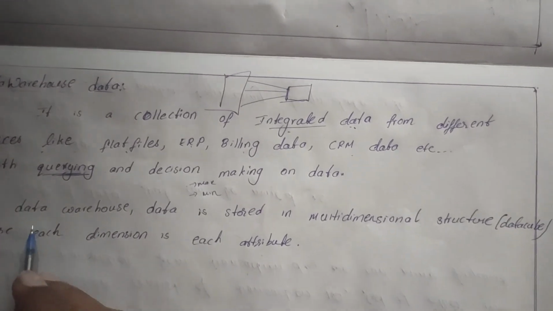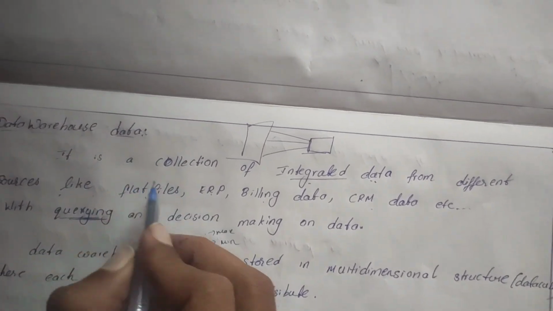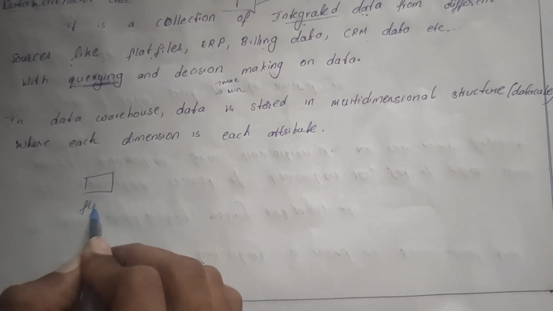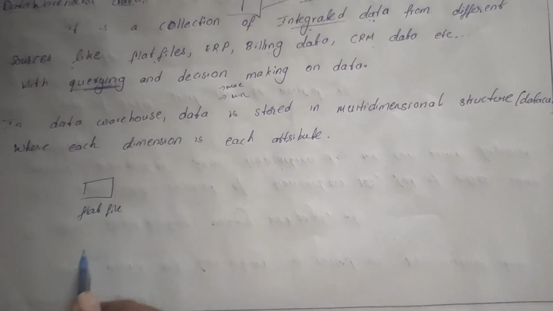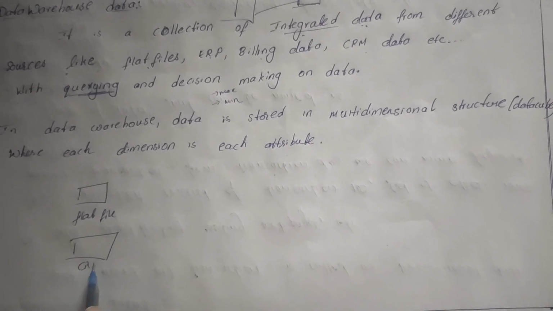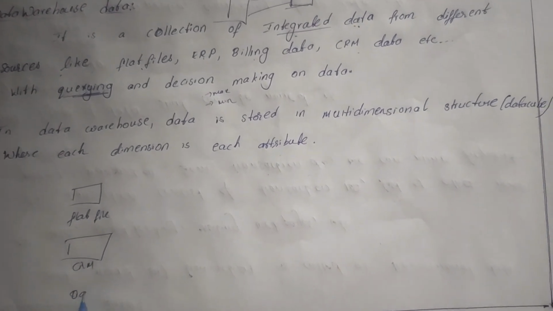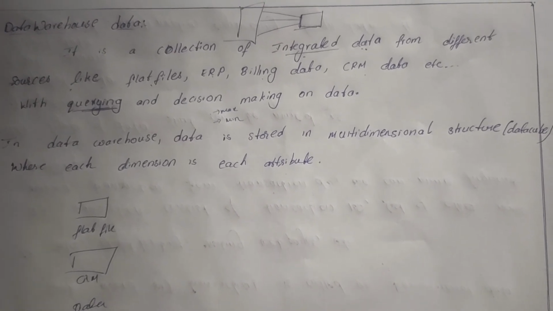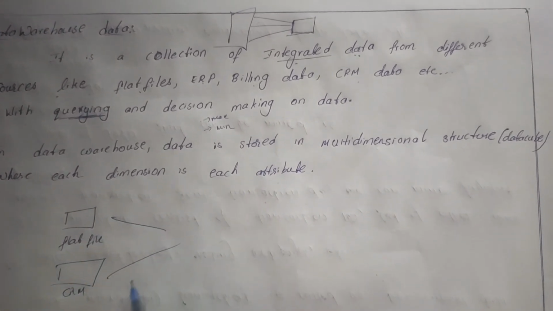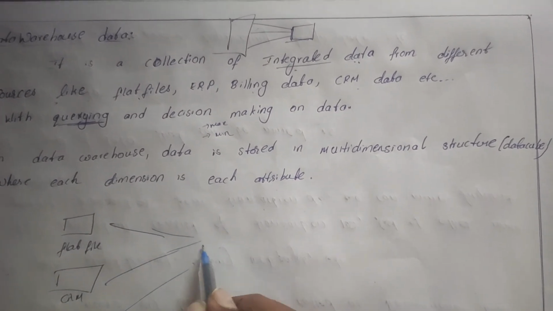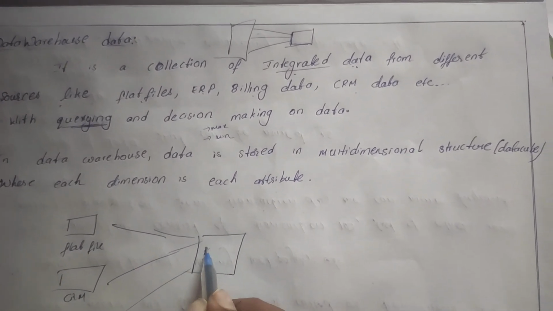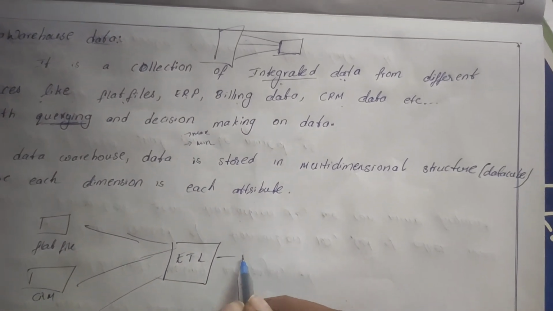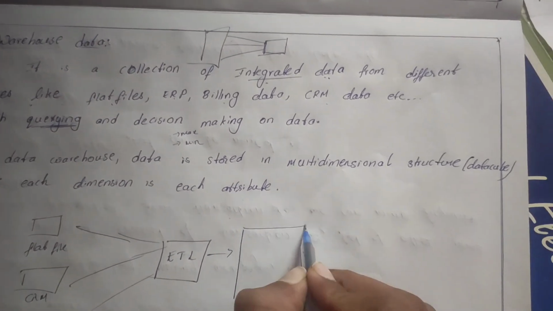Let us look at the process of the data warehouse. These are flat files, CRM, the data sources. By using an ETL tool, that is extract, transform and load, the data is stored in the data warehouse.